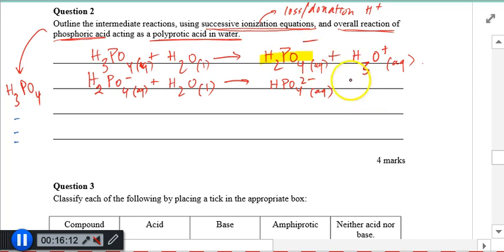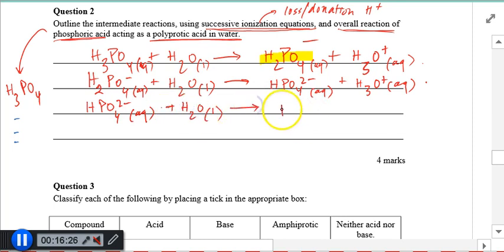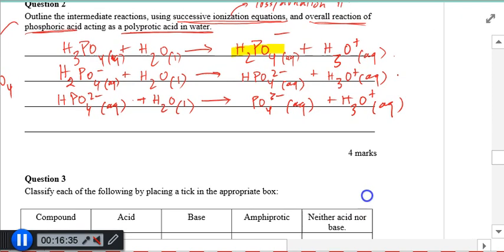So it was dihydrogen phosphate, now it's hydrogen phosphate, and it produces another hydronium ion in that reaction. Then it goes through another cycle as an acid to finally become something that is no longer amphiprotic. It can no longer act as an acid.